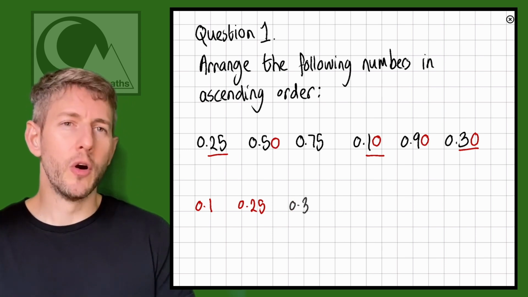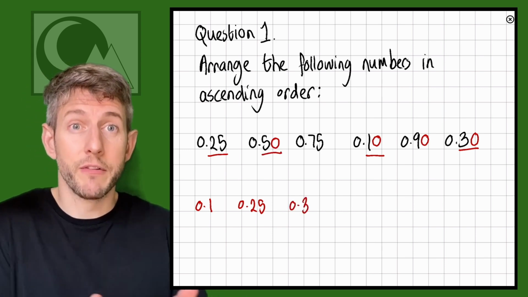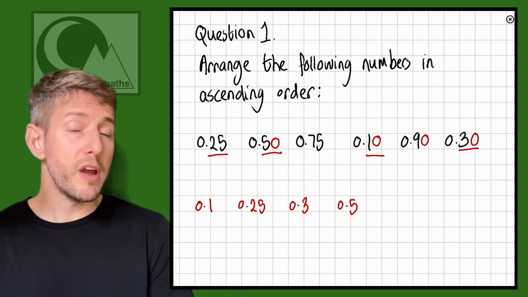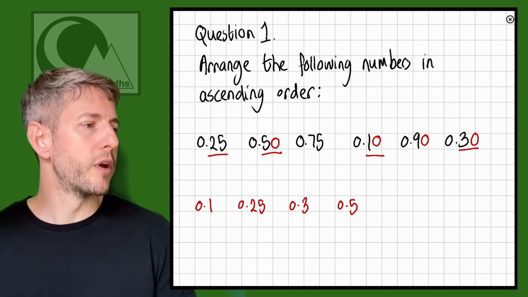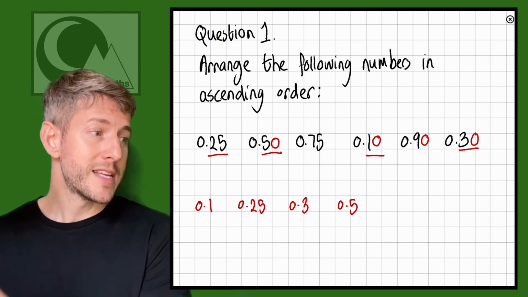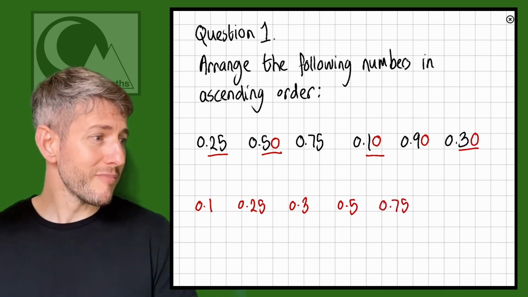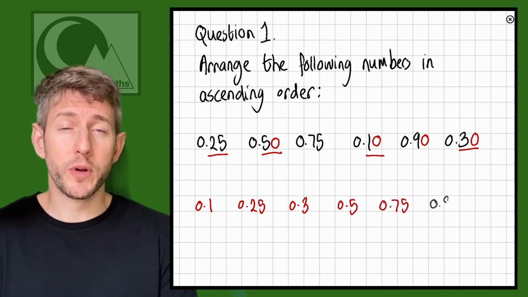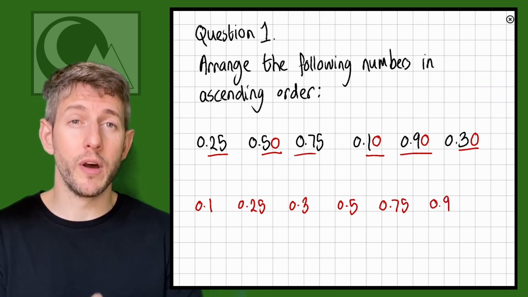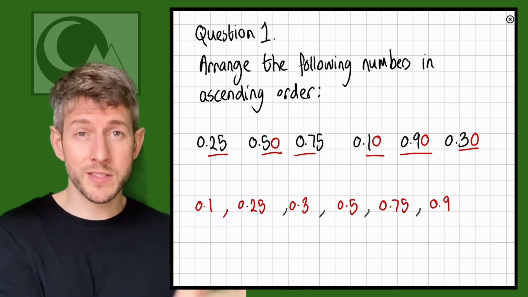After that, we've got 0.30, so 10, 25, 30. Now we've got 0.50, so we've got 10, 25, 30, 50. After that, we're going to have 0.75, and then lastly, we're going to have 0.90. So there we go, we've got them going from smallest to largest.